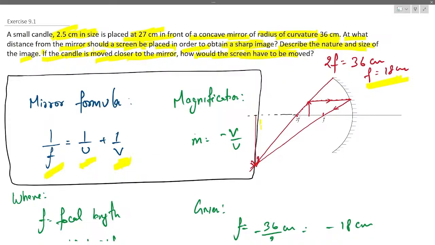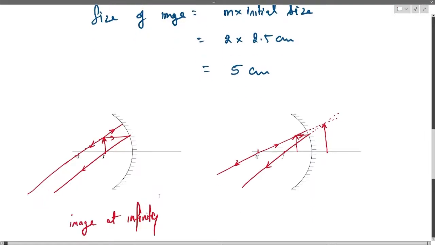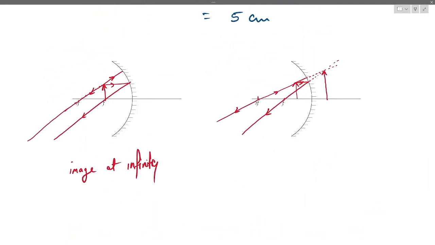And now we have to find out, if the candle is moved closer to the mirror, how would the screen have to be moved? That is, if this candle is approaching f and also approaching the pole, how would the position of the image move? Let us make the diagram over here. At first, we assume that the candle has been placed at focus.